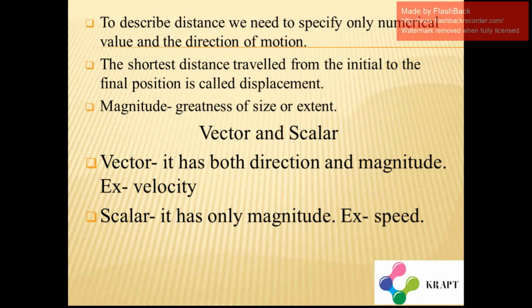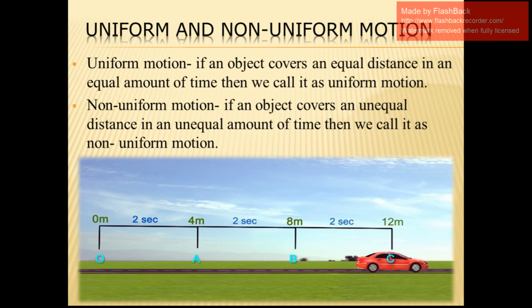I am just going to brief about them. Vector quantity means it has both direction and magnitude. Example, velocity. Scalar quantity means it has only magnitude. Example is speed. The definition of magnitude is greatness of size or extent.